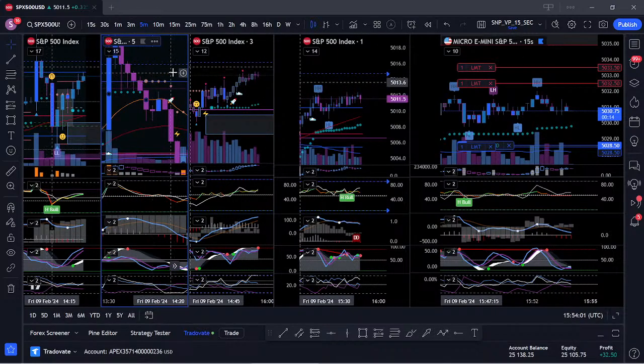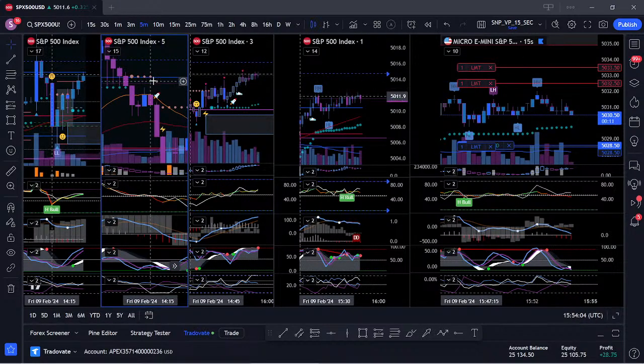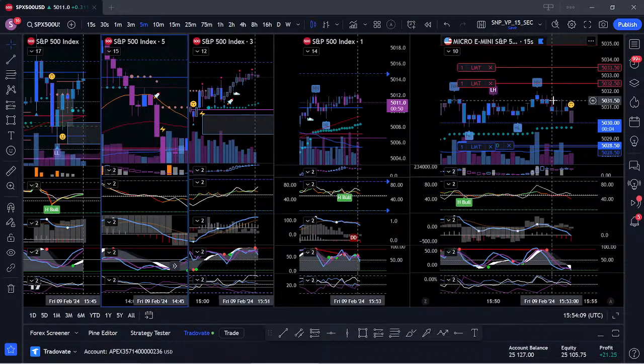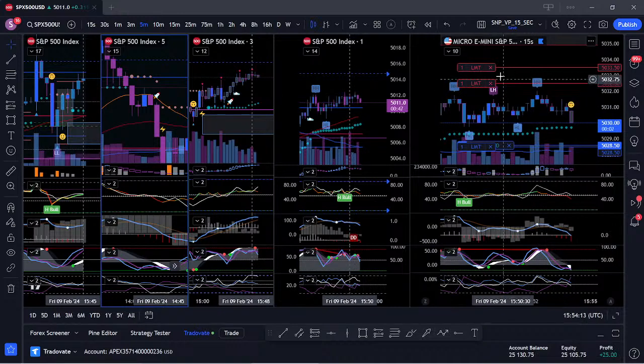Here. See? 2 more. 11, 12. A little bit longer.